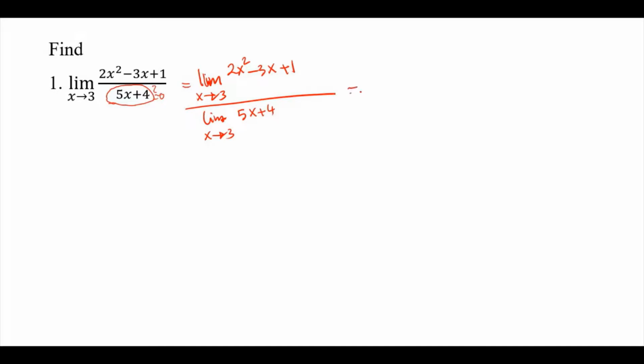So if I apply the limit laws, I will have the limit, the 2 comes out, of x squared as x approaches 3, minus 3 out, limit of x as x approaches 3, plus 1 over 5 times the limit of x as x approaches 3, plus 4.